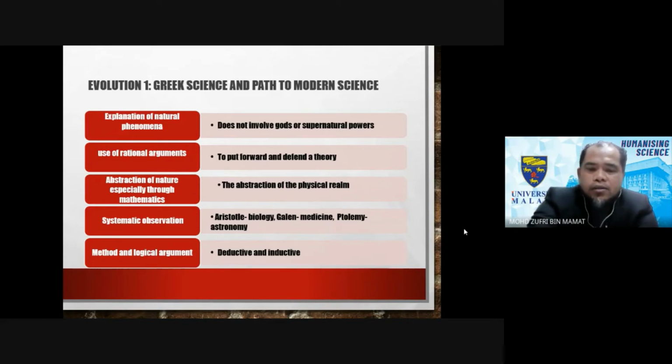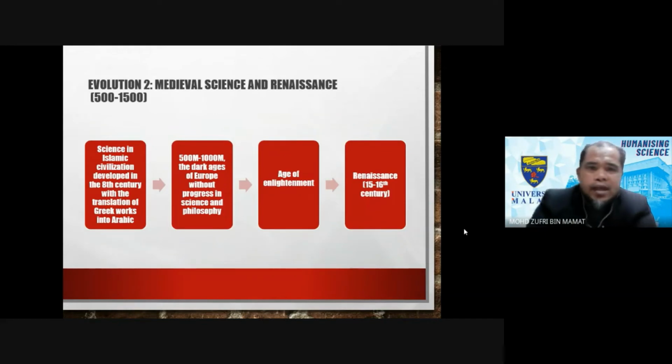So evolution two, medieval science and the Renaissance. We can see that science changed again during the medieval period and Renaissance. During the medieval ages in Europe, science in Islamic civilization developed in the 8th century with the translation of Greek works into Arabic.